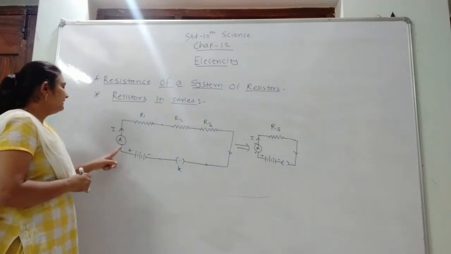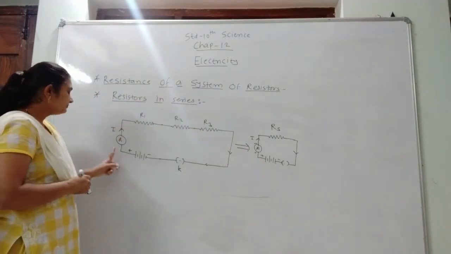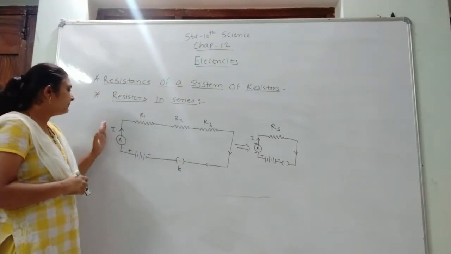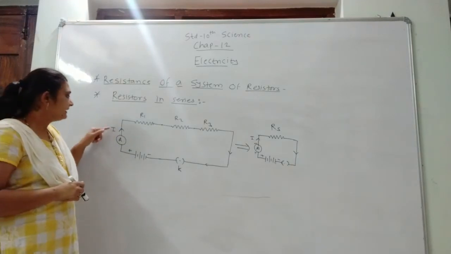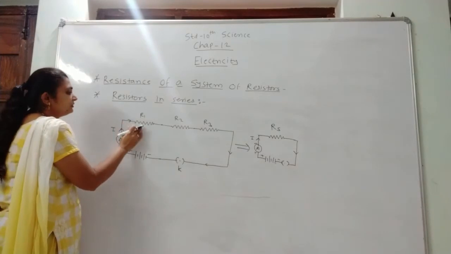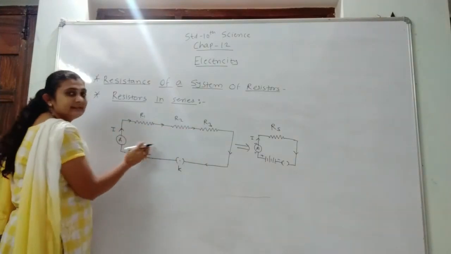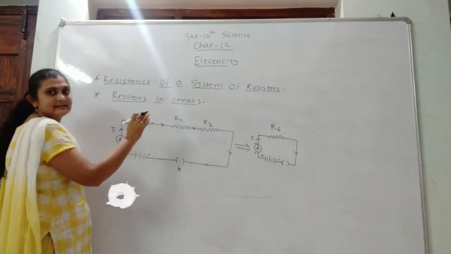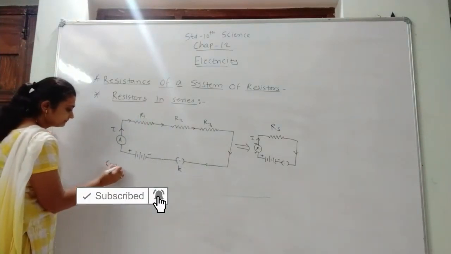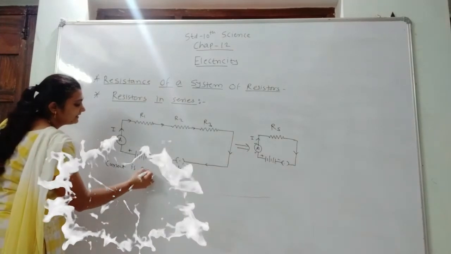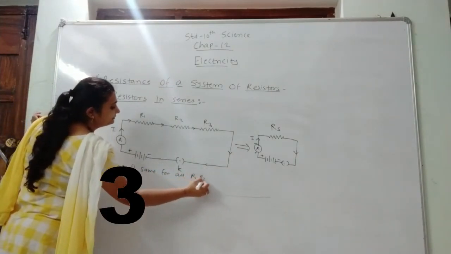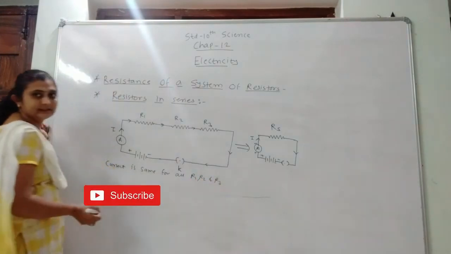Now in this circuit the current is flowing through R1, R2, R3. The path of the current is the same. This I is flowing through this one also, this one and this one. Means the current value is the same through all the resistors. Current is same for all R1, R2 and R3.